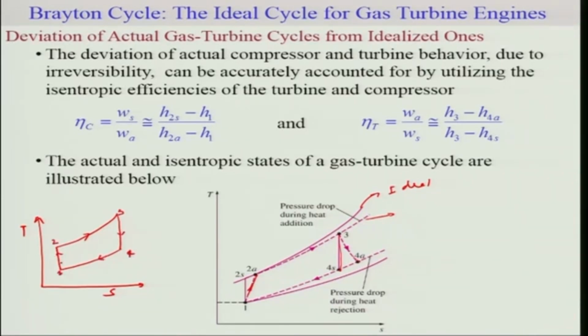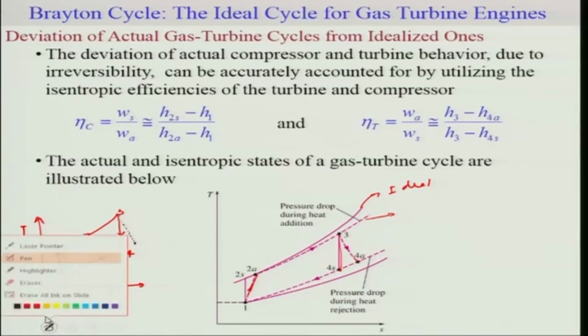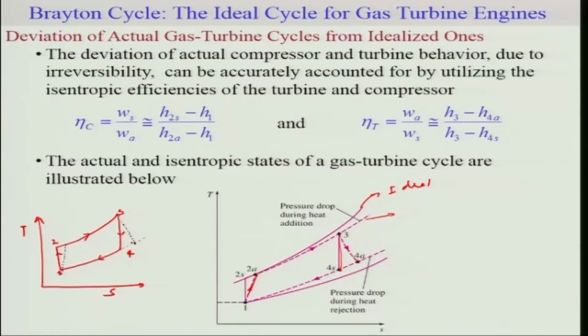This is the isentropic compression, this is the isentropic expansion, and you can show this dashed line as your actual process. So the constant pressure line will be here. This will be 2A, this is 2S, this is 4S, and this will be 4A.